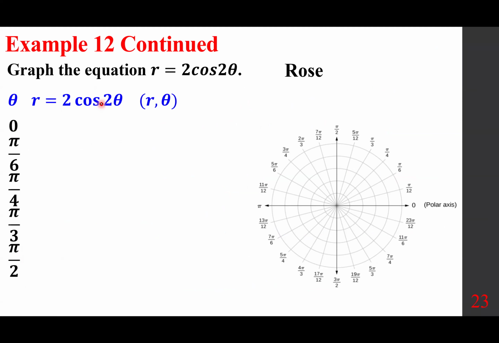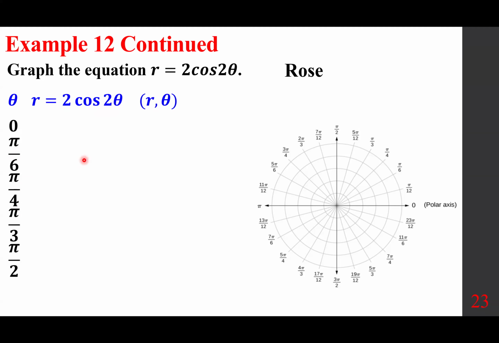So at 0, as you know, cosine is 1. So we have 2. Pi over 6: 2 times pi over 6 is pi over 3. Cosine of pi over 3 is 1/2. So 2 times 1/2 is 1. Pi over 4 times 2 is pi over 2. Cosine is 0.